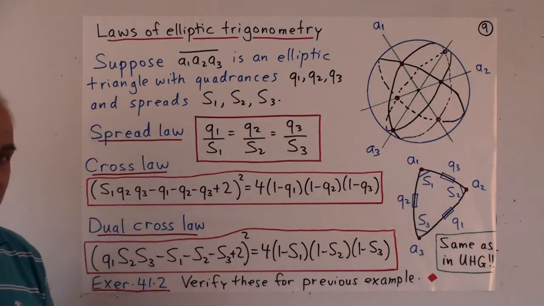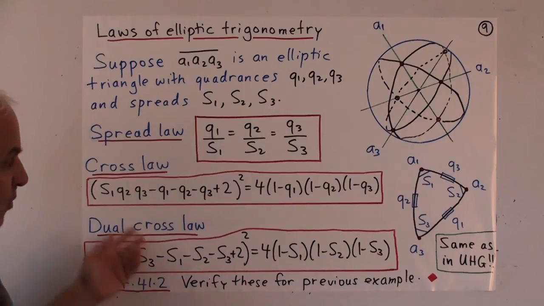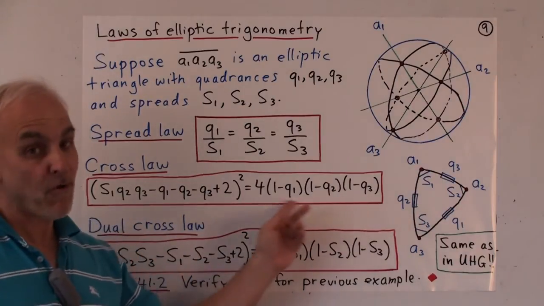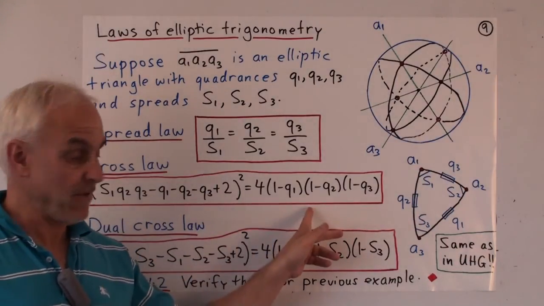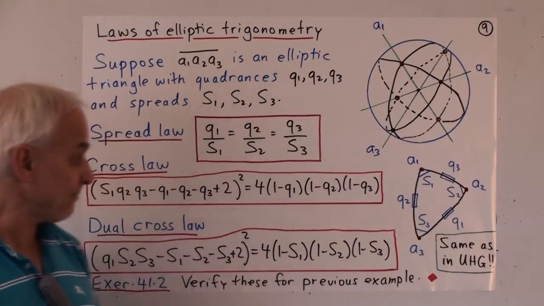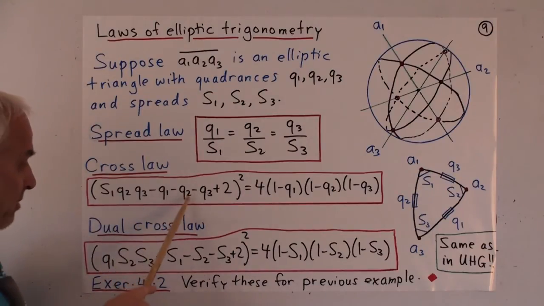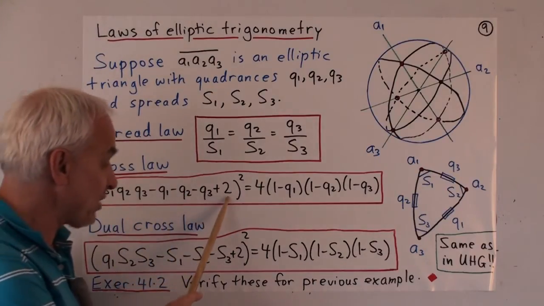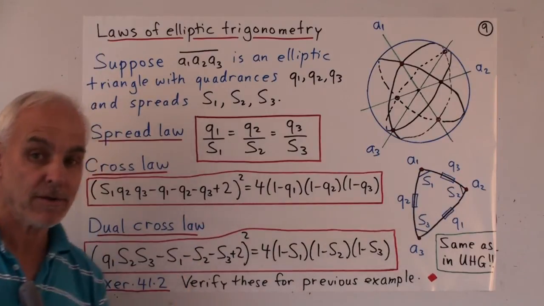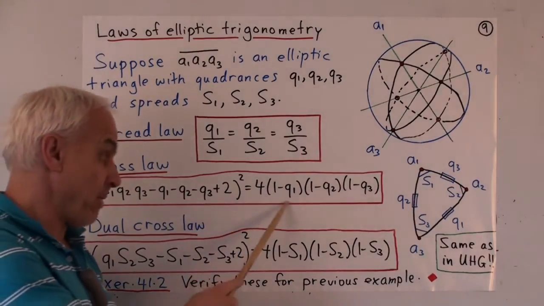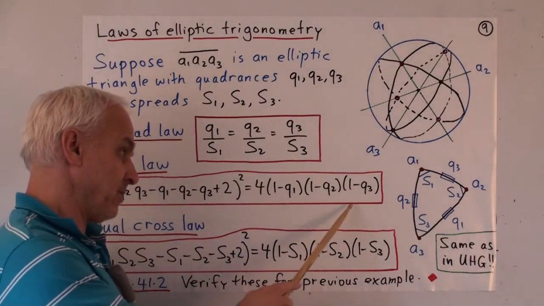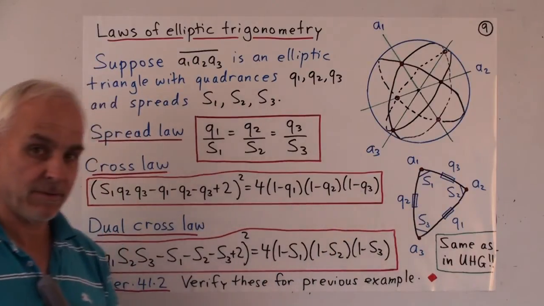The main law is the cross law, one of the most important formulas in all of geometry, in fact of all of mathematics, I would have to say. And it is that (S1 Q2 Q3 minus Q1 minus Q2 minus Q3 plus 2) all squared equals 4 times (1 minus Q1) times (1 minus Q2) times (1 minus Q3).